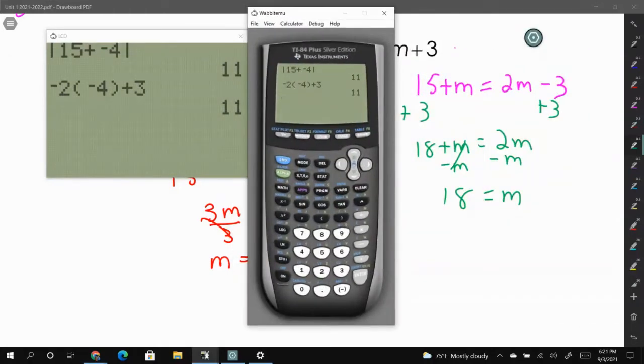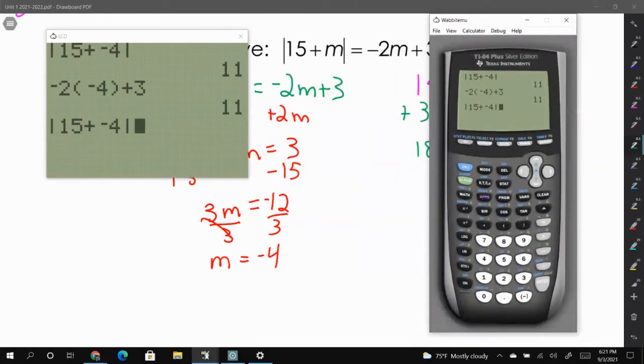And then we're going to do the same thing up here, where m was 18. So the absolute value of 15 plus m, which is 18, equals 33.